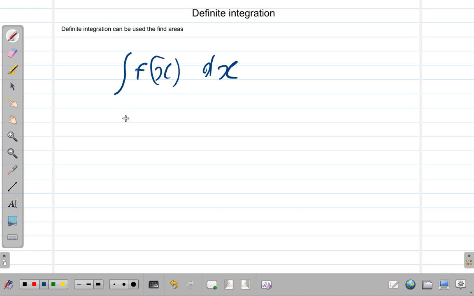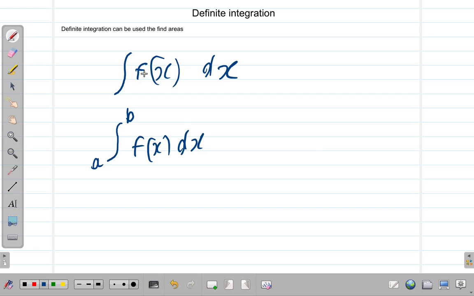Now, what does that mean? Let us see. If you do this, the integral from a to b of f of x dx, this is definite integration. You have defined the boundaries. You're integrating between x equal a and x equal b.